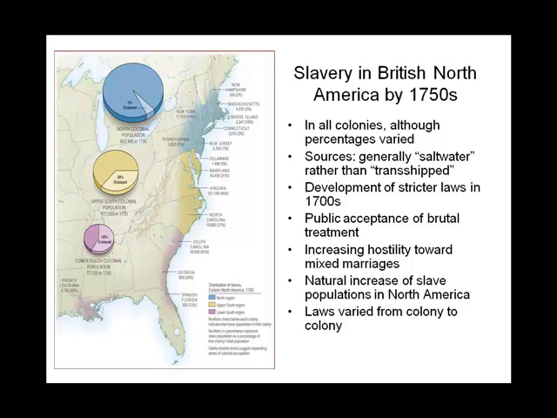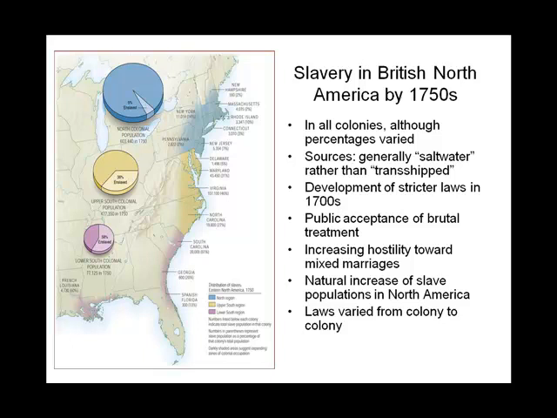In terms of the sources, for North American slavery, they tended to be saltwater rather than transshipped, meaning that these are Africans who are coming directly from the coast of Africa, rather than being brought to the West Indies, and then shipped to North America. This was particularly true by the 1750s because of the changes that were taking place in labor conditions, or who were the laborers in North America.